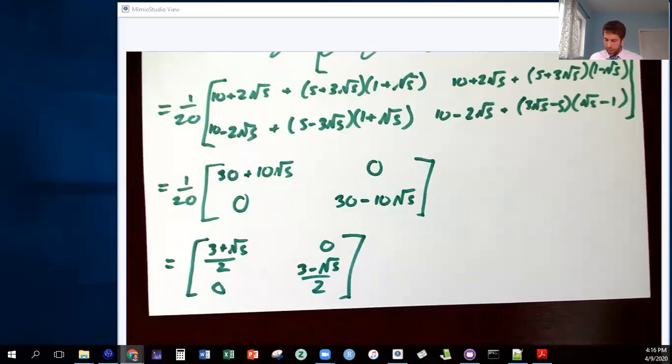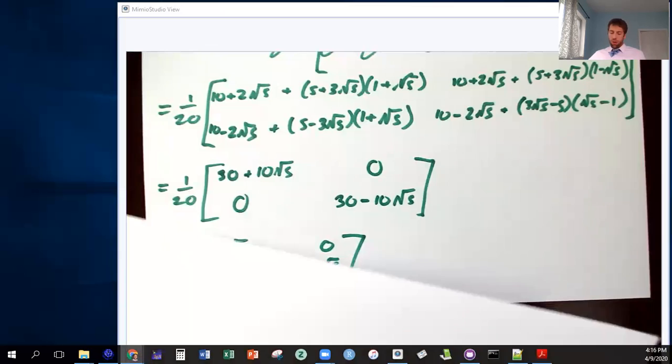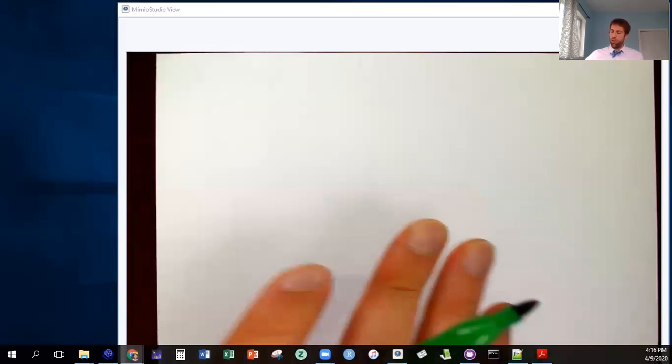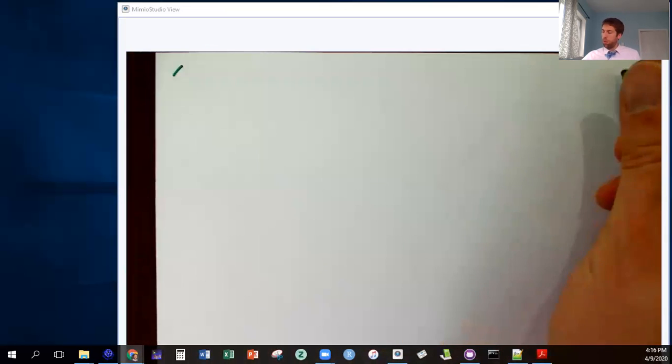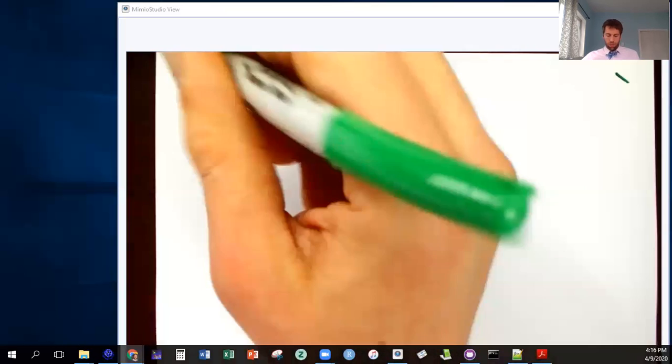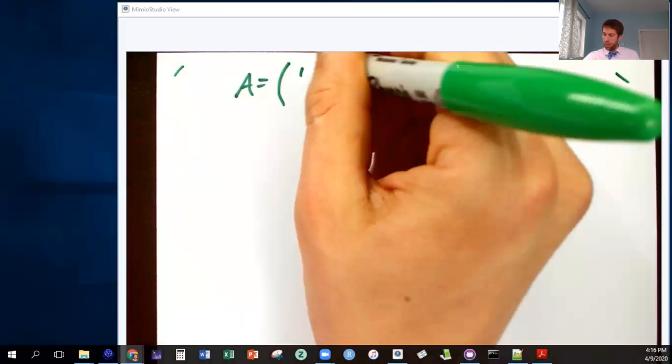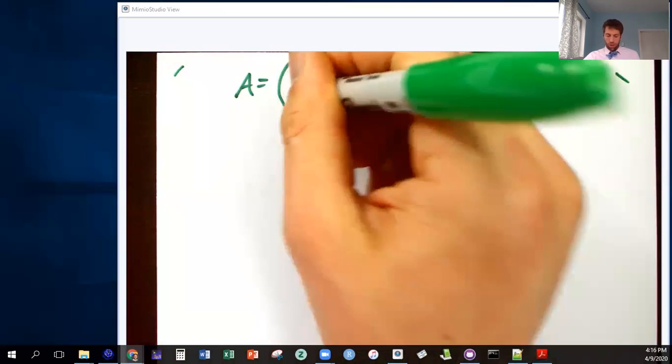Okay, where are we at? I found T inverse AT. So now I've got my general solution. The original system is in terms of x prime, and now I've got a solution in terms of y prime. So recall what my data is. A is 1, negative 1, negative 1, 2.